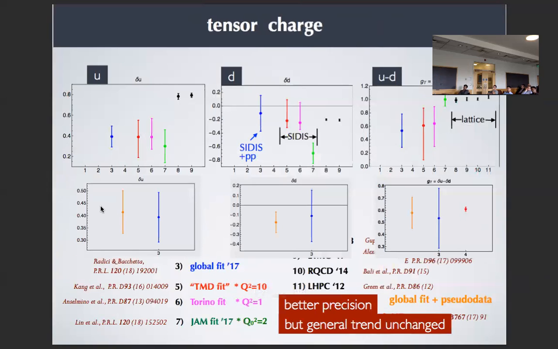this exercise, as I said before, doesn't say anything about the position of the central points of this data, it just shows you the relative precision. So the statement about the simultaneous compatibility between phenomenology and the lattice is still there, the issue is still there.